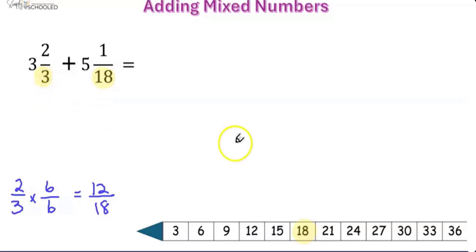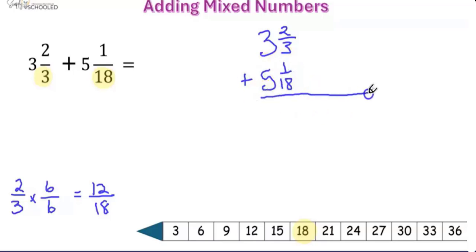And like I said in the previous slide, I'm going to rewrite this up and down. So we have 3 and 2/3 plus 5 and 1/18. Then I draw a long line, and I know that 3 and 2/3 is equivalent to 12/18.